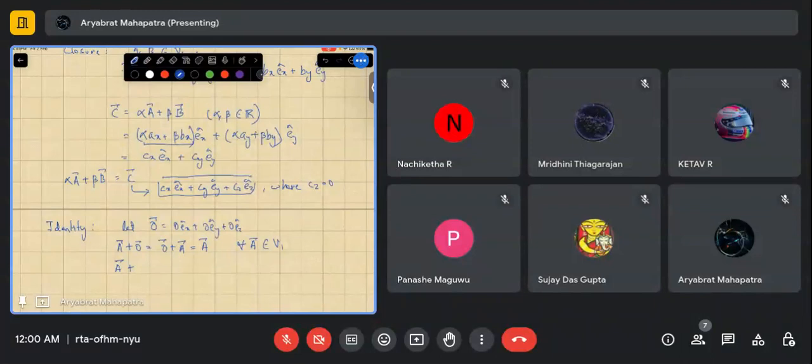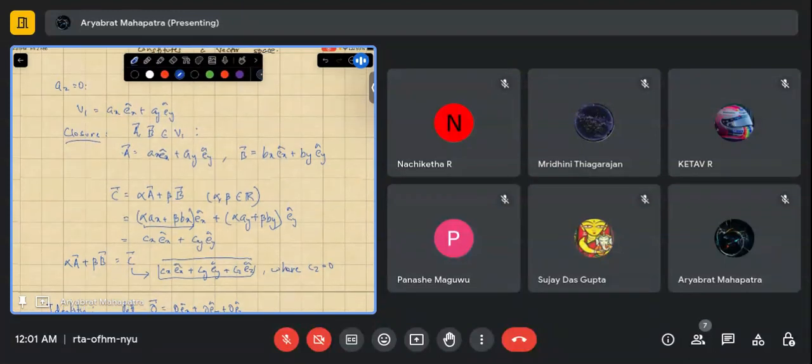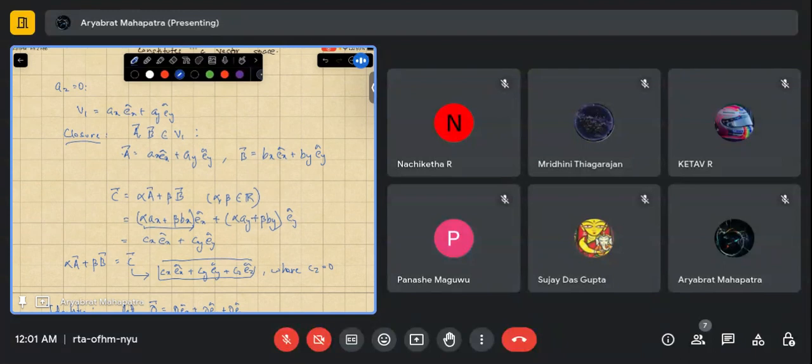That will be minus a, and that gives you the null vector. So this minus a is your inverse. So we found inverse, identity, and closure. That sufficiently makes it a vector space after setting az equals 0.